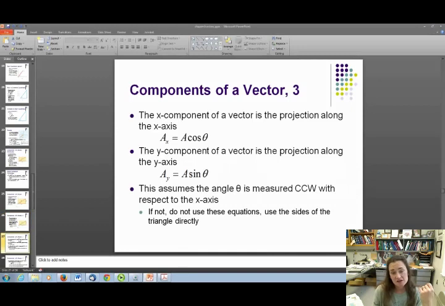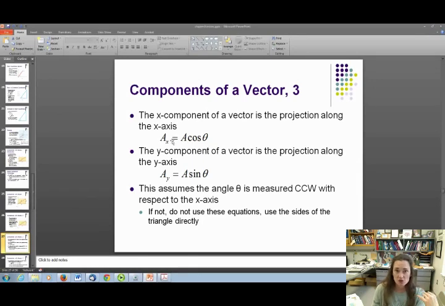Alright, so I can find the x and y components of my vector as projections along the x and y axes using the equations that I found for my polar coordinates. Now instead of r, which is my polar coordinate, I'm going to use the magnitude or length of my total vector A, okay?